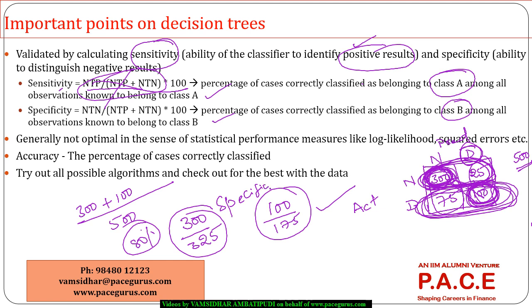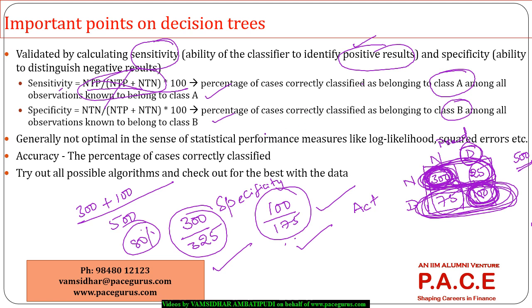Generally what we do is set some kind of thresholds for both sensitivity as well as specificity, and try to change the model to see which model is able to meet our sensitivity and specificity measures. This is typically used for classification purposes.